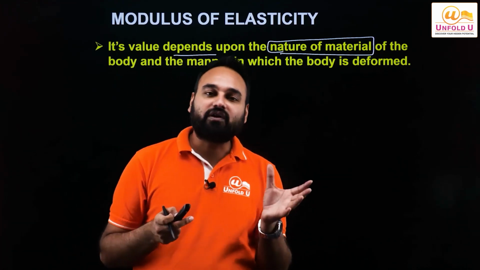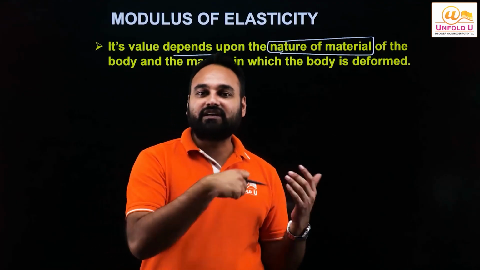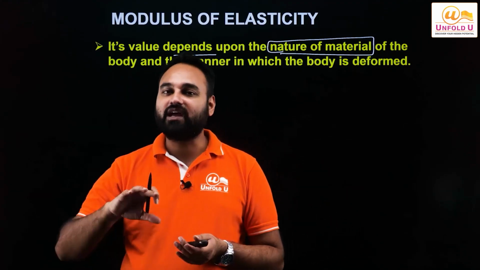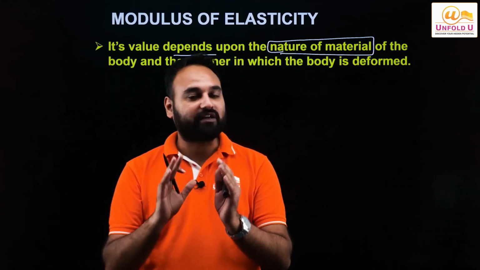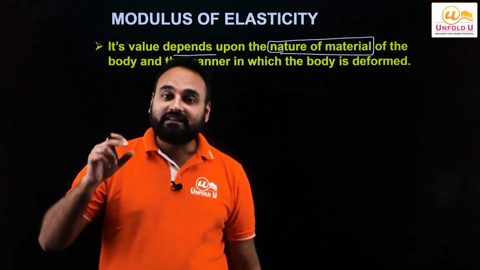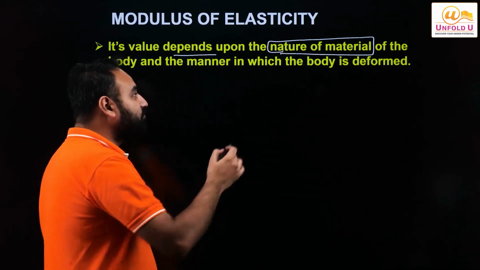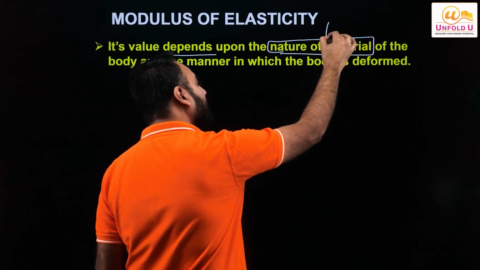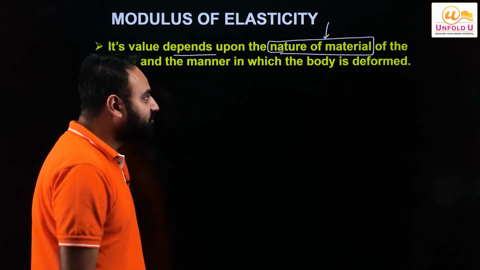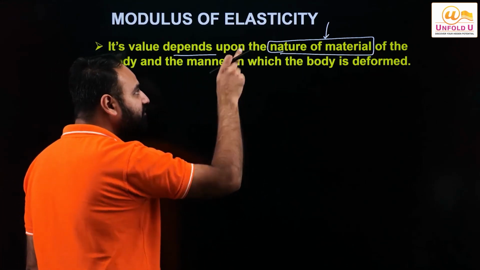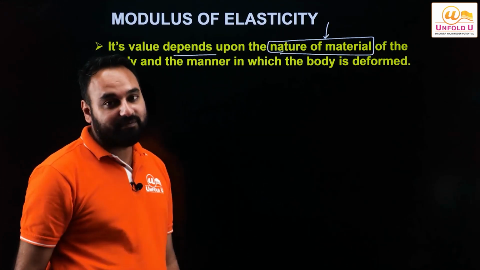Some bodies behave in one manner and some bodies behave in a somewhat different manner. The nature of the body plays a vital role here, and therefore the modulus of elasticity must depend on the nature of the material we are using.